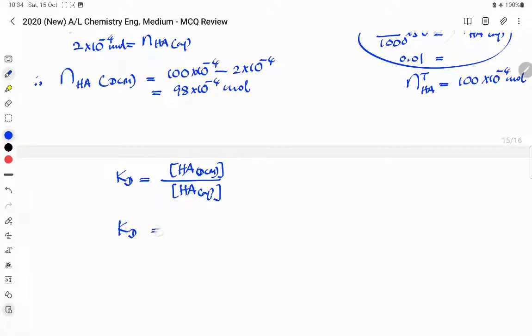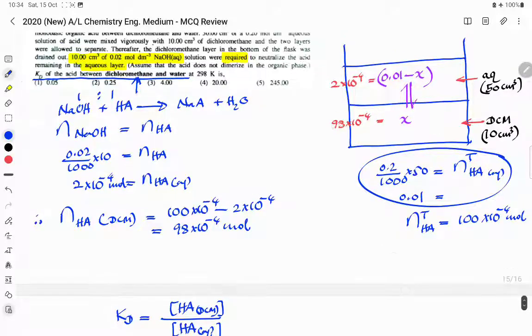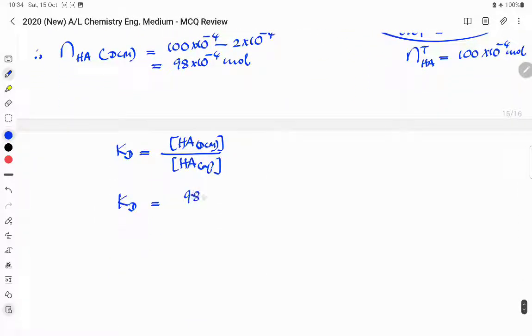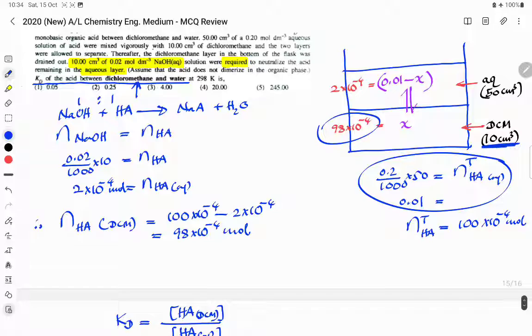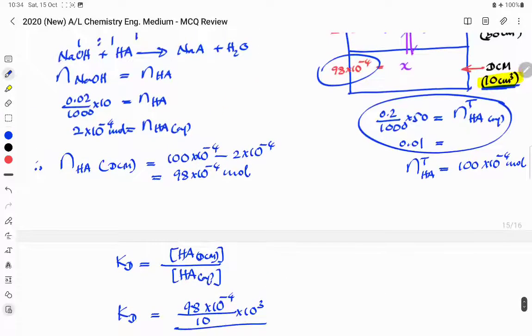Right. The DCM layer concentration will be, the amount is 98 × 10^-4. It was in 10 cm³ of volume here. So it's divided by 10 and multiplied by 1000 to calculate the concentration, and divided by the HA concentration in the aqueous layer.